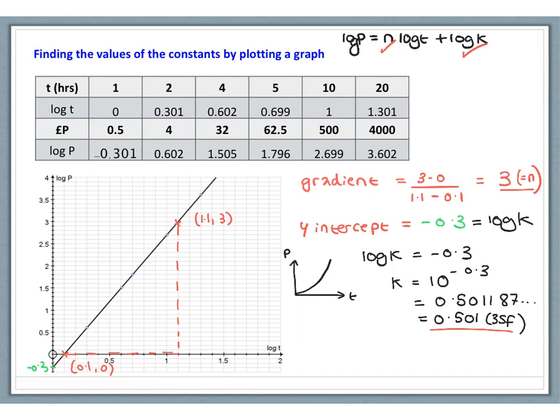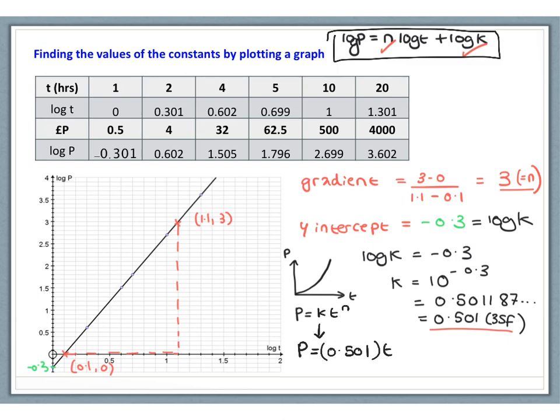And the relationship for this curve was p equals k multiplied by t to the power of n. By reducing this to a linear format and plotting the graph of the straight line, we were then able to calculate the values of n and k that we needed, and we can put these back into the equation of the curve now. So p equals 0.501 multiplied by t to the power of 3.